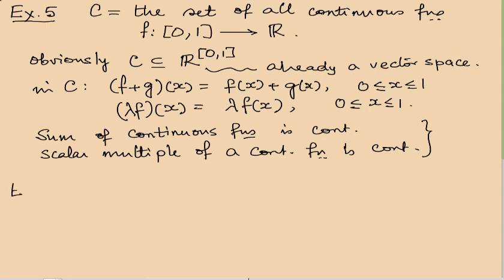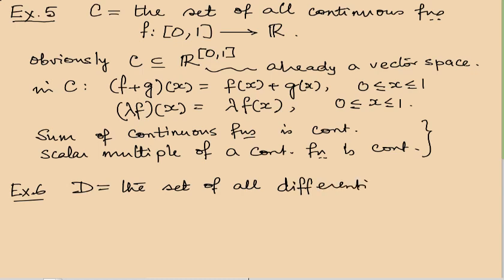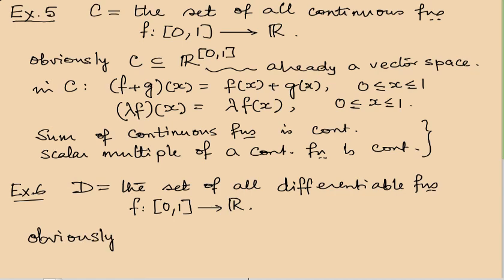So this is a vector space. We can make it even better. Let D be the set of all differentiable functions on the interval, so again we have these, and these two are already known to be vector spaces.